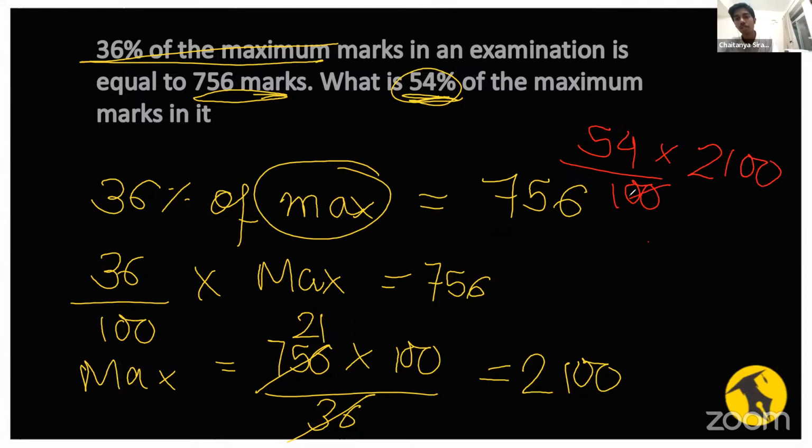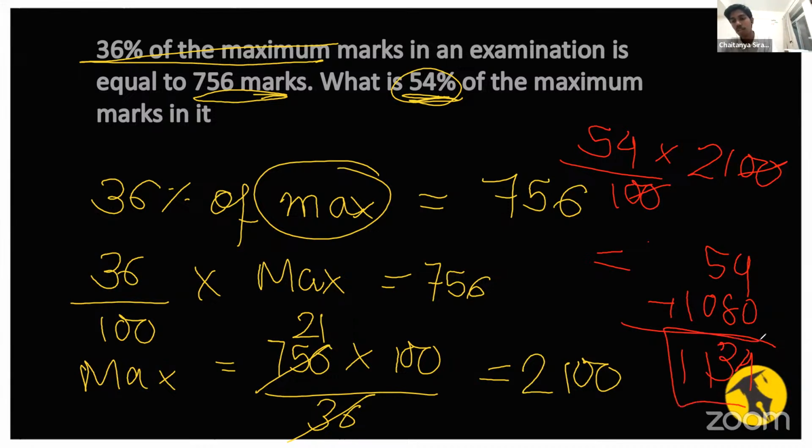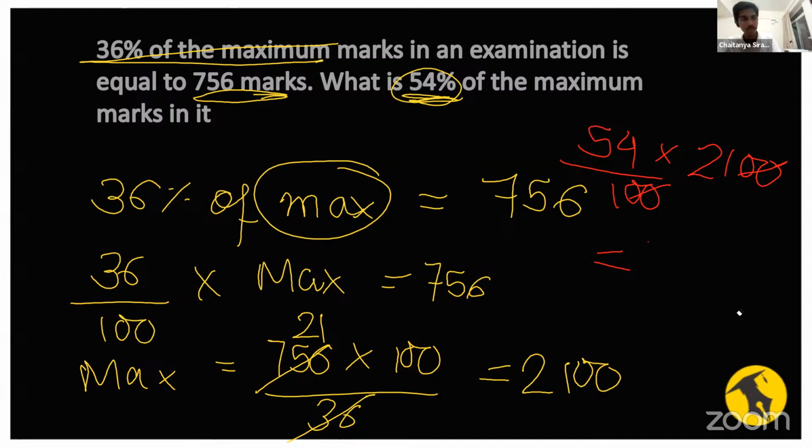Simply I can get rid of these two zeros. It will be 54 times 21, which is 1134.